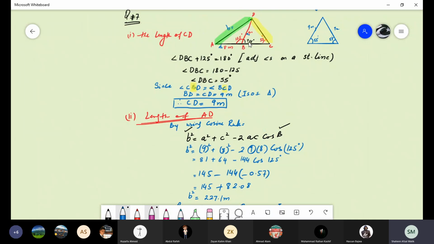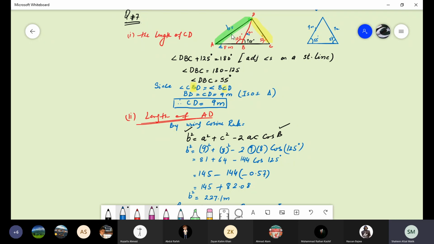As both angles are the same, this part is an isosceles triangle. If this line is 9 meter, this should also be 9 meter. We will write that CD is equal to 9 meter because these are the sides of an isosceles triangle. Then we have to find the length of AD. We can find AD very easily using the cosine rule because two sides and the included angle are already given.